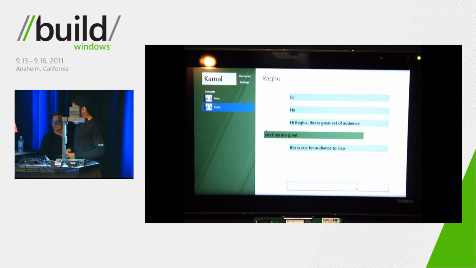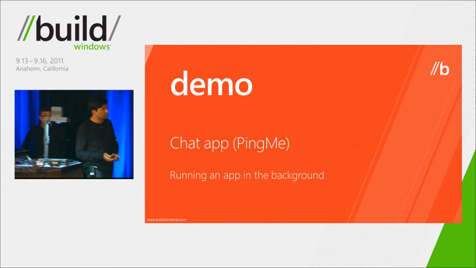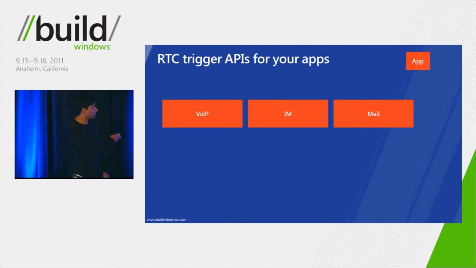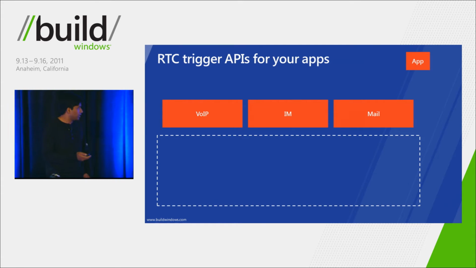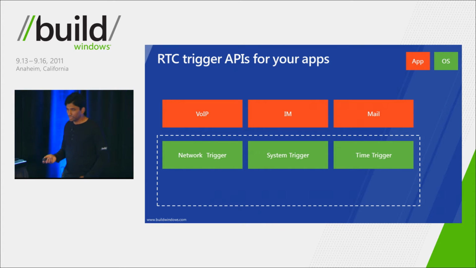Okay, right? So no talk is a good talk without at least one architecture slide. This is really simple. At the top, we have the three apps, in this case, VoIP, IM, and email. We're introducing three new system components which allow you to do this form of background execution. And this is the trigger model I was talking about.